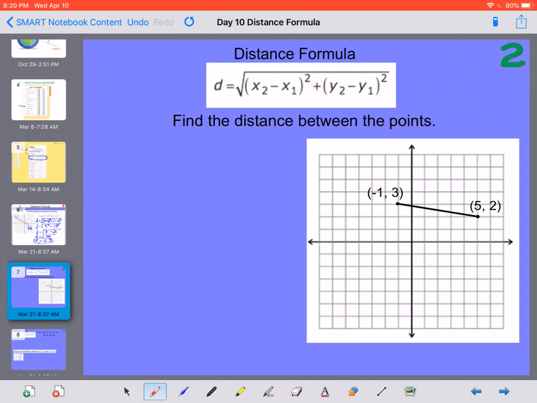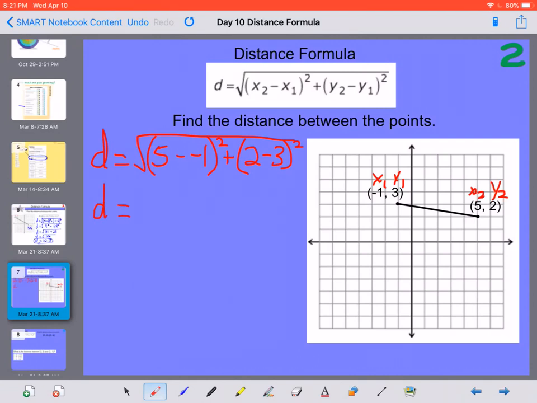If we try this next one, looks like we got x1 as -1, y1 as 3, x2 as 5, and y2 as 2. So if we put this in our distance formula then, x2 is 5 minus our x1, which we said was -1, squared, plus y2 is 2 minus 3 squared.